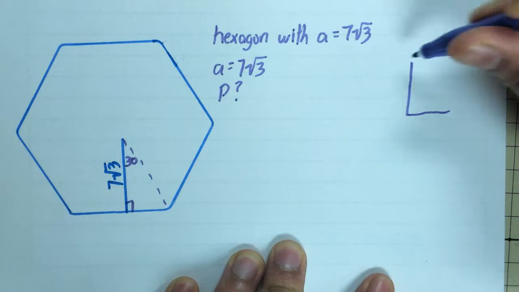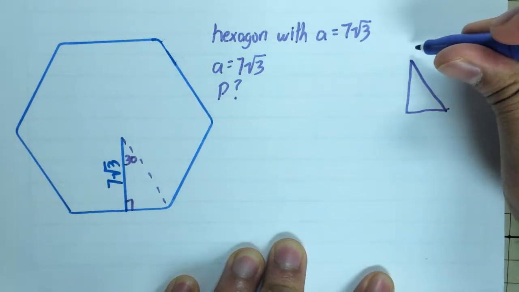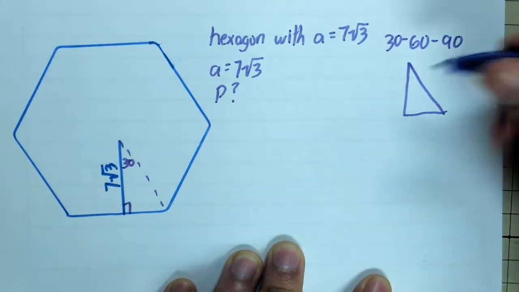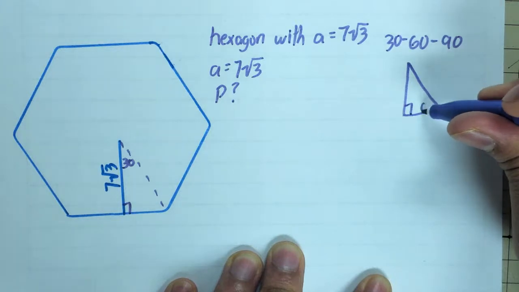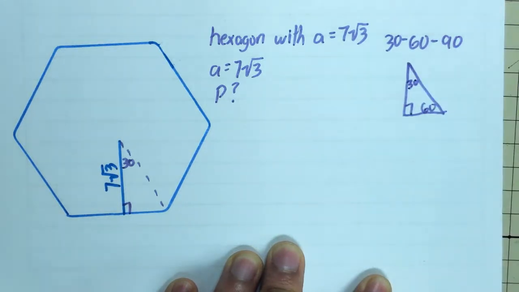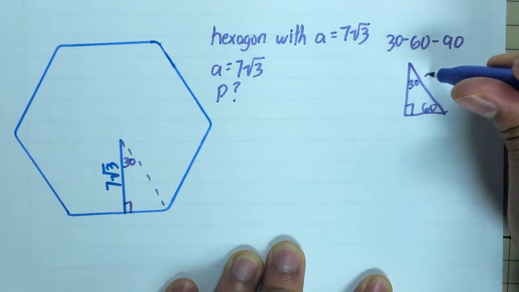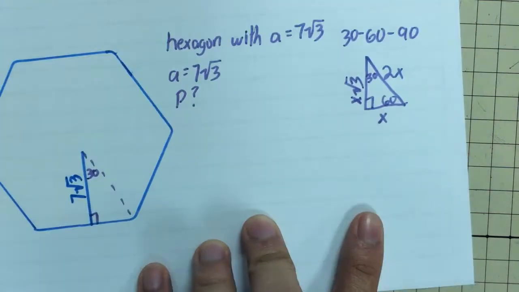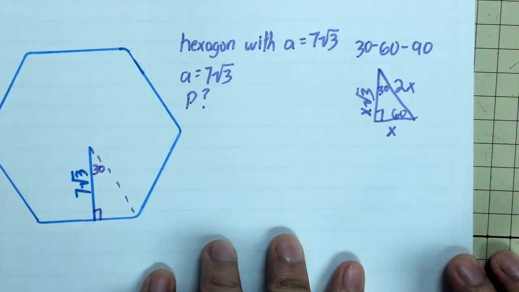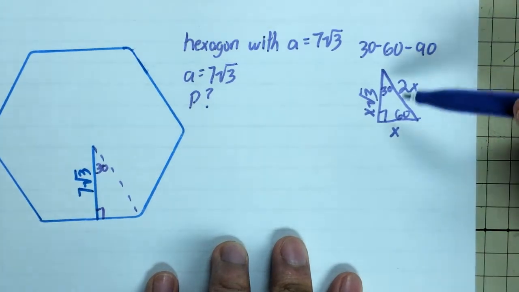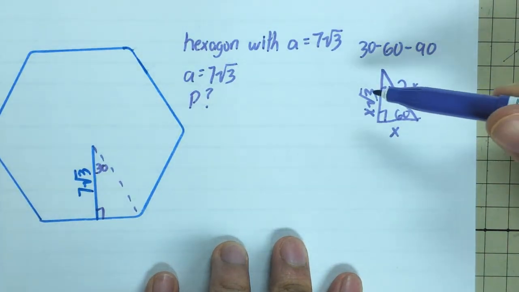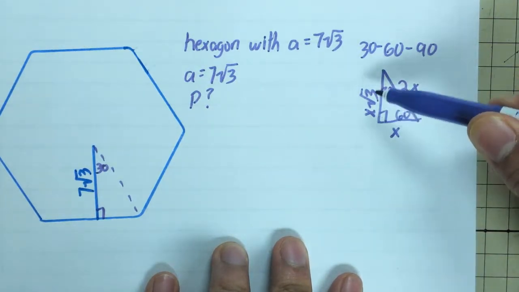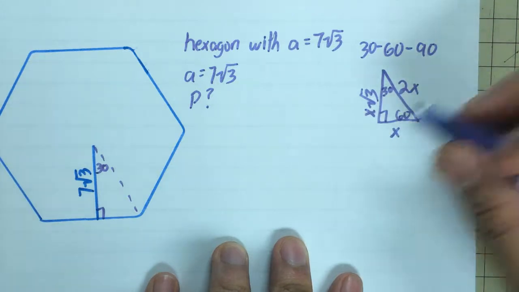In a 30, 60, 90 triangle, there's 90, that's 60, that's 30. The pattern goes that, and that. So we're going from long leg to short leg. To go from long leg to short leg, notice x square root 3 turned into x.